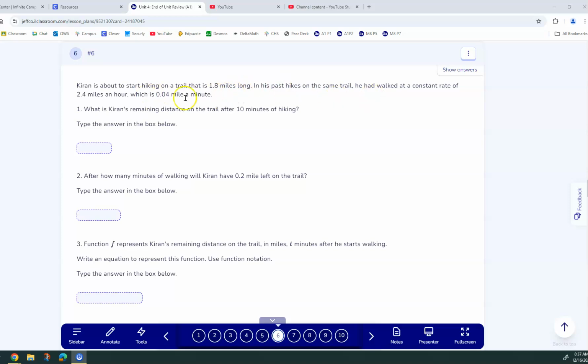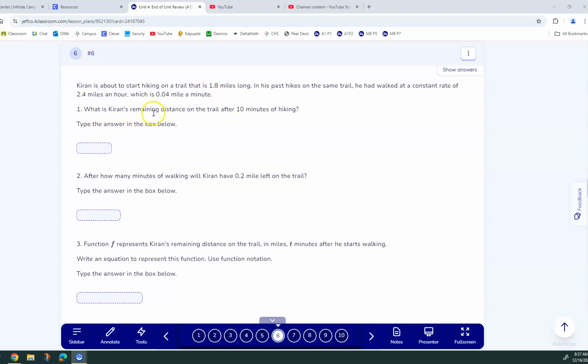In his past hikes, his rate was 2.4 miles an hour, which divides out to be 0.04 miles in a minute. So if the trail is 1.8 miles long, and he walks 2.4 miles an hour, he's going to be able to finish the trail in less than 1 hour. So just keep those pieces in mind.